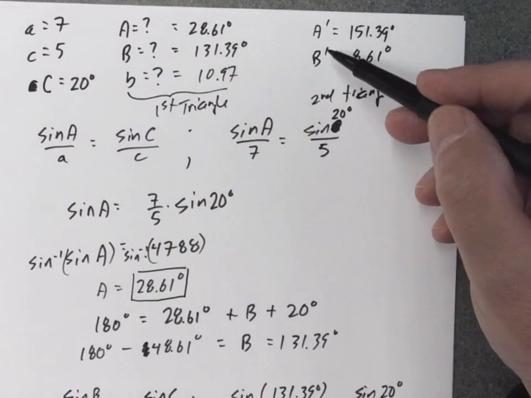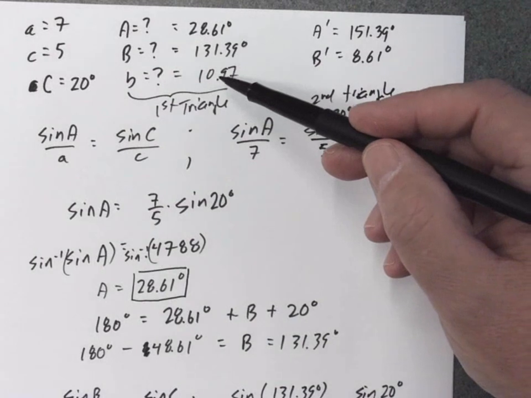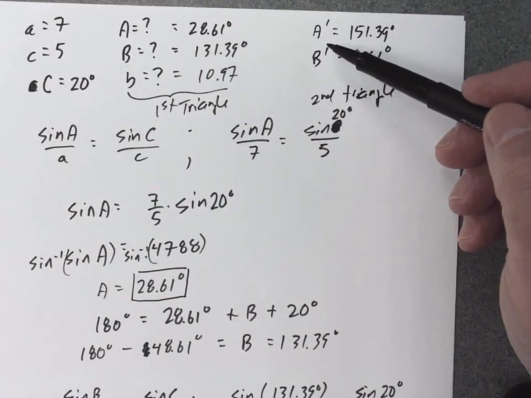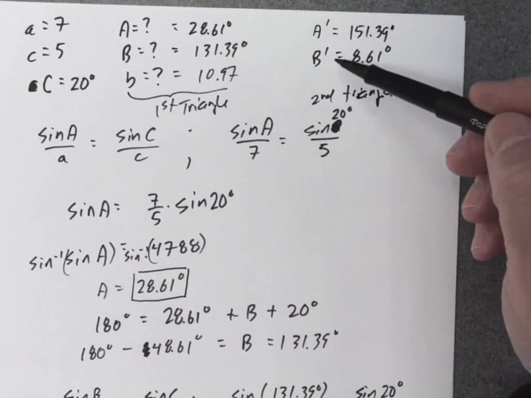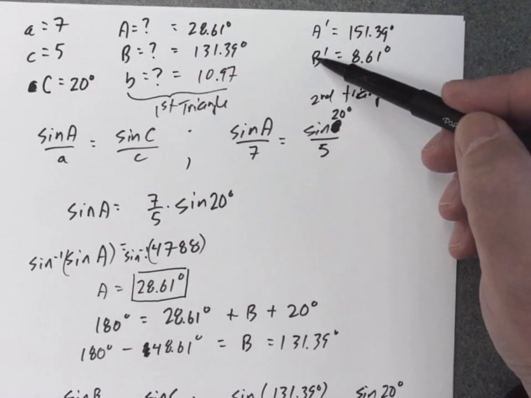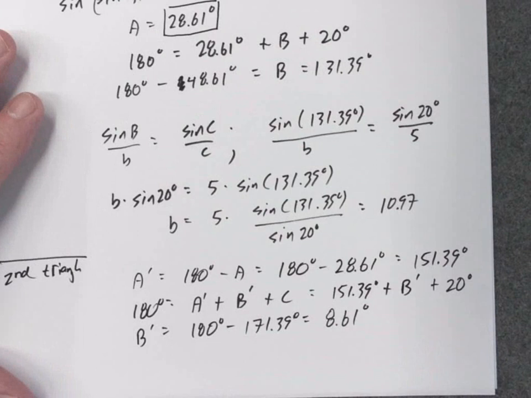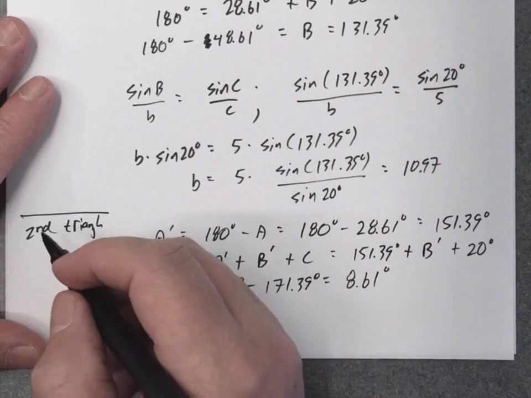Here are the two angles. Now for the second triangle, I need to find the new side B. So I just use law of sines. I'll use law of sines between B and the original C.